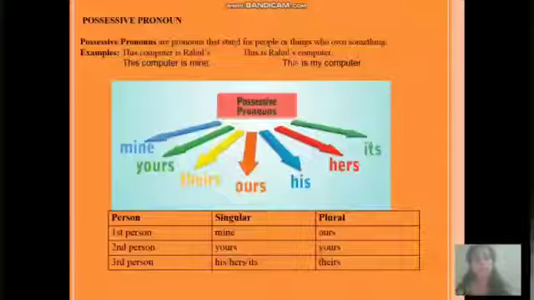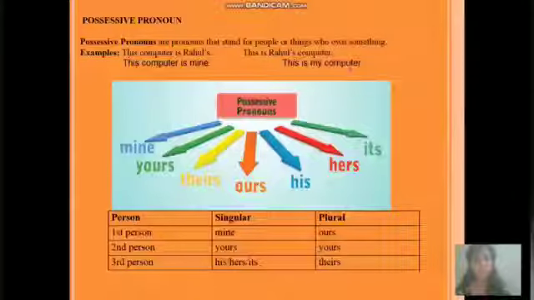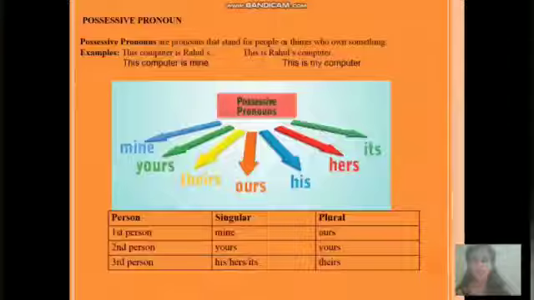And in the second sentence, Rahul's computer is replaced with my computer. So mine is a possessive pronoun, and in my computer, my describes the noun computer. So it is a possessive adjective.